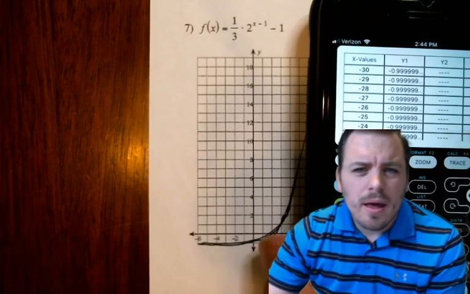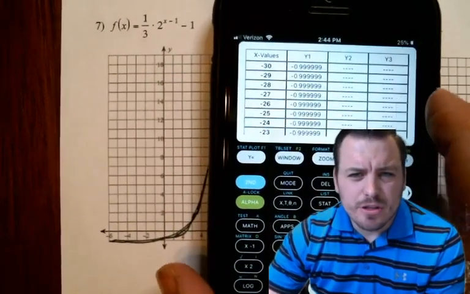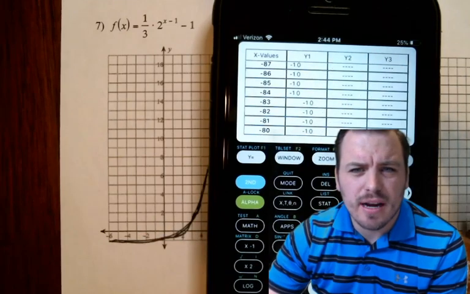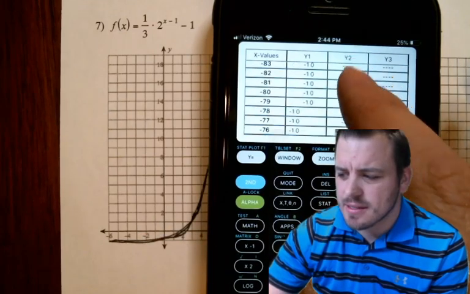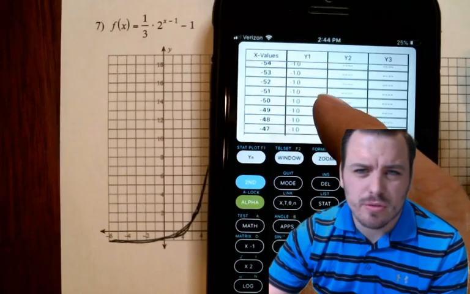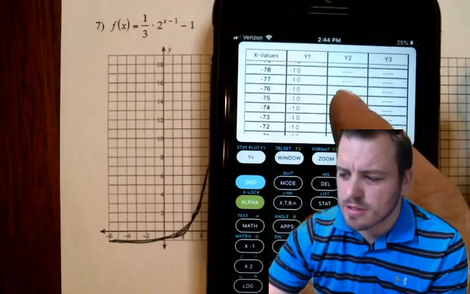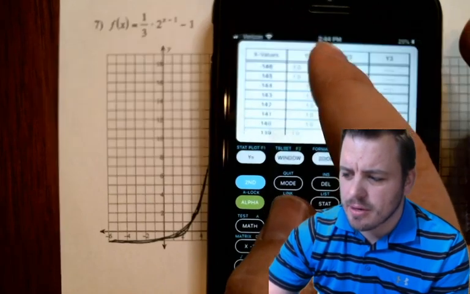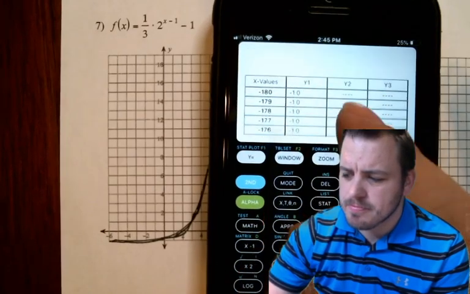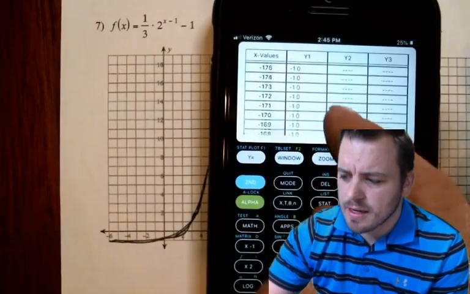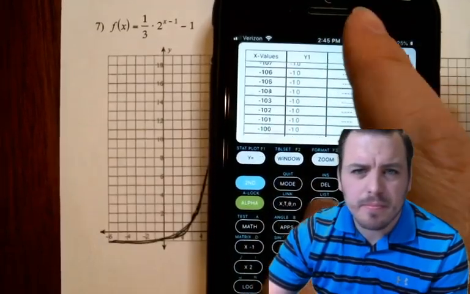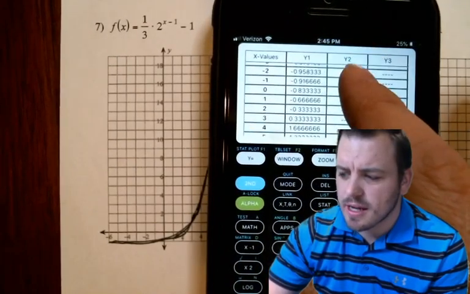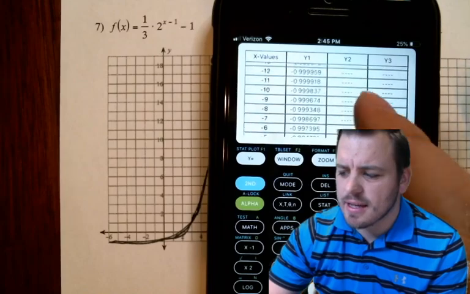So I'm seeing that it approaches -1, but it never touches it. The reason these all say -1 is because it's just rounding it. The calculator can't handle that much. So as you see here, Elena, it's approaching -1. It does not hit -1.